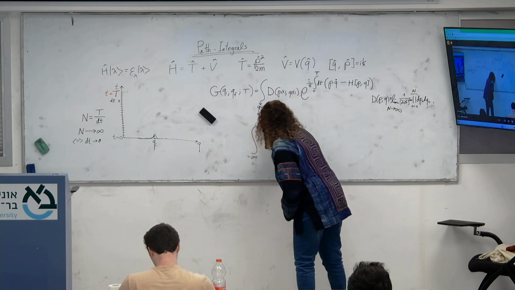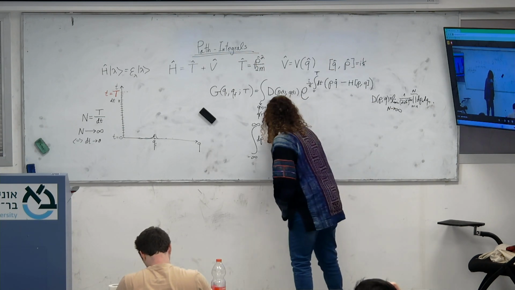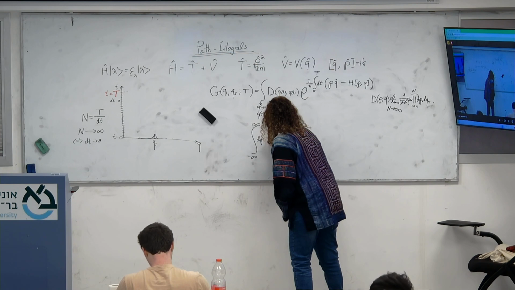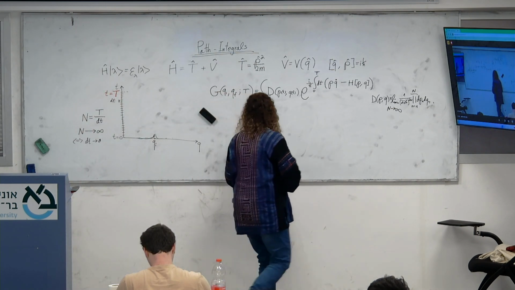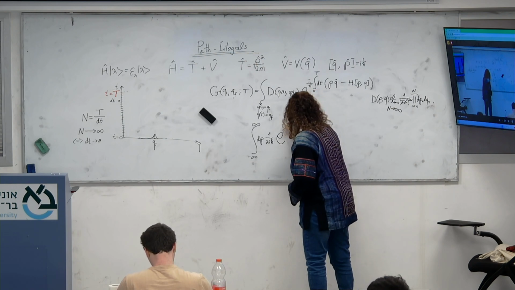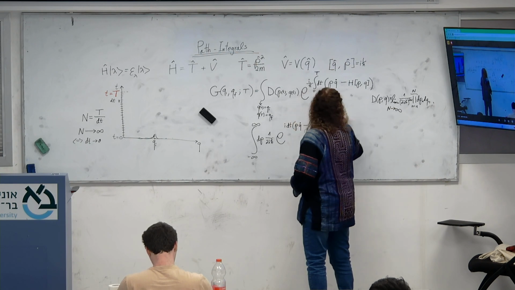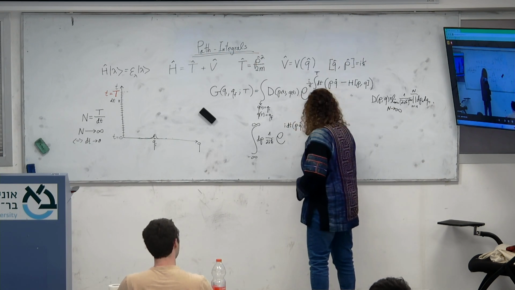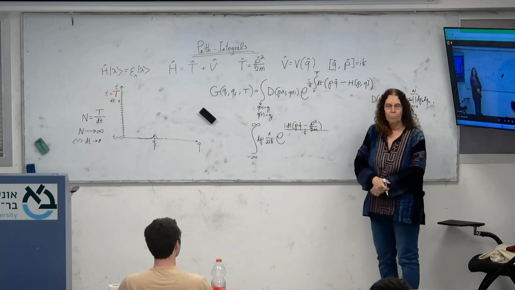I have here the integral from minus infinity to infinity of the variable p of 1 over 2 pi h bar, e to the i dt p q dot minus the kinetic energy p squared over 2m over h bar. Okay, right? That's what I have.